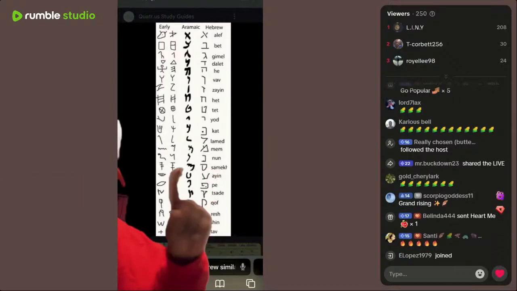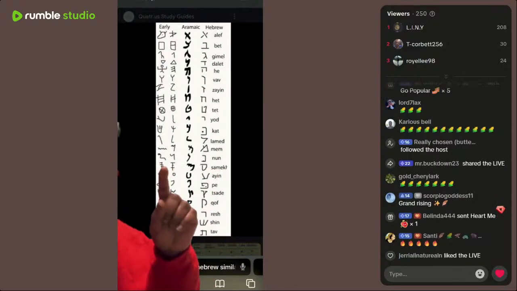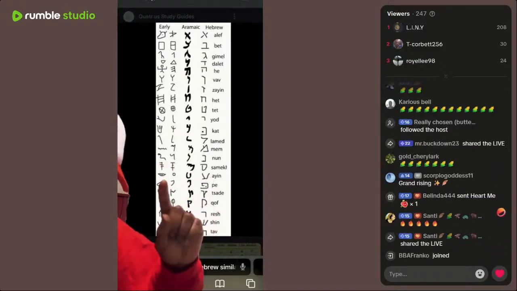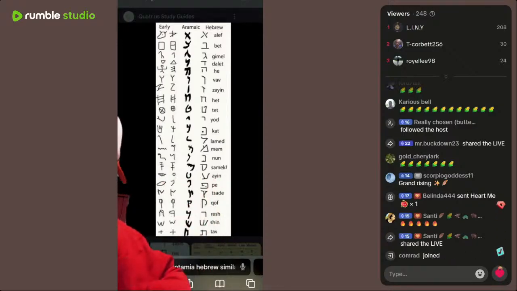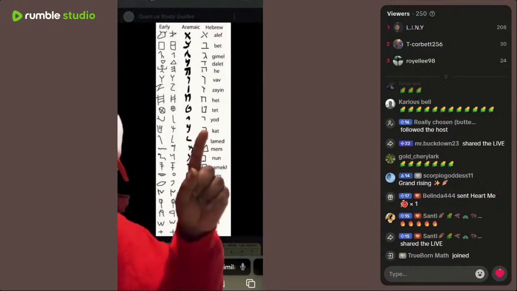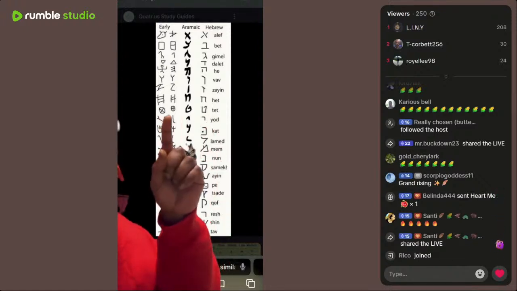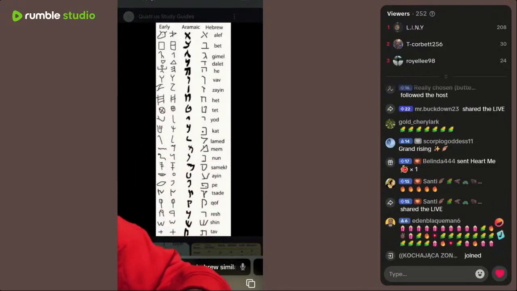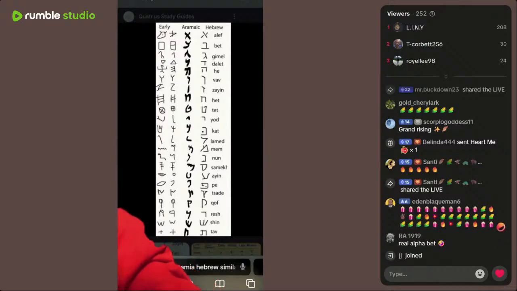You see Semek with the three lines, the one that's in Mississippi? You see the Ayin that's found with the Mayans and the Taino, right? You see Ta or Tet with the X and the cross? Fire. Let's keep going.